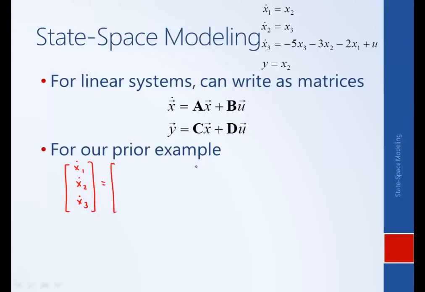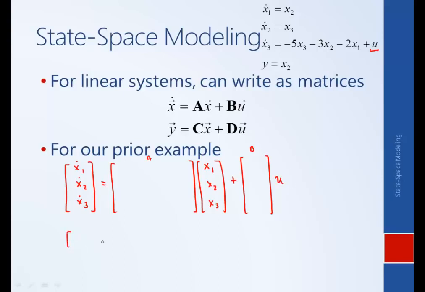We'll have an A matrix multiplying a vector of state variables. We'll have a B matrix multiplying a vector of inputs. In this case, we have only a single input, a scalar input.